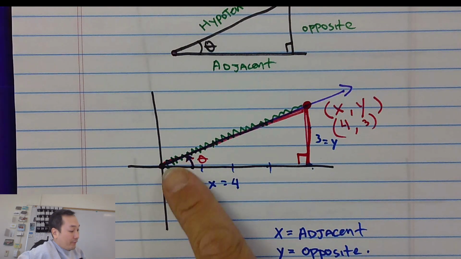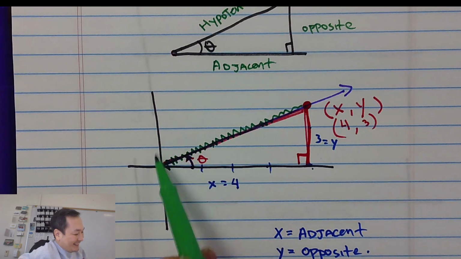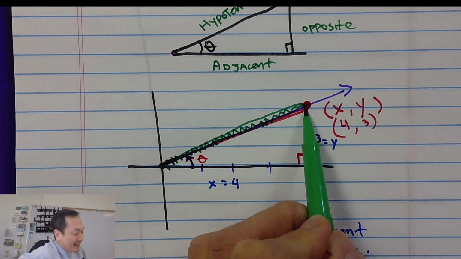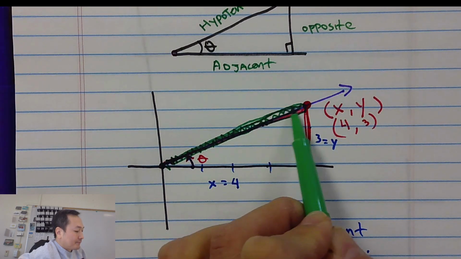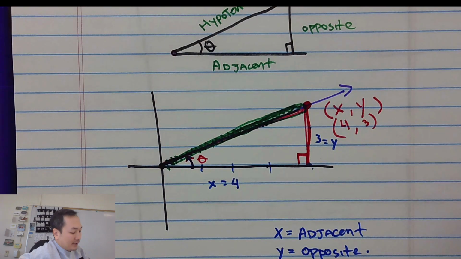We're figuring out this side here. What is basically the equivalent of my hypotenuse in this triangle? The slope of the line?